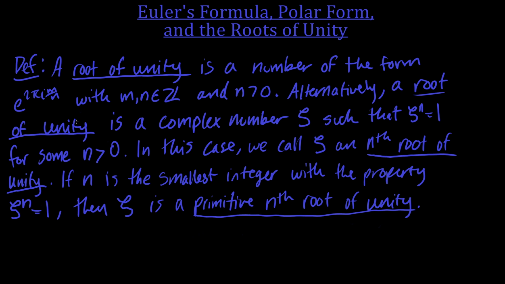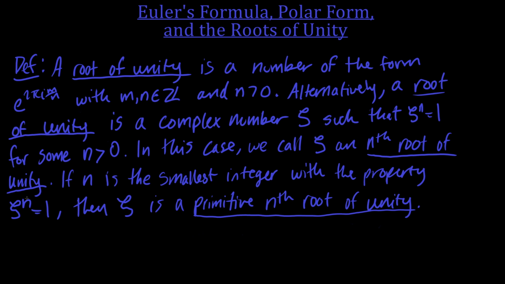Therefore, it is a third root of unity. So a root of unity is an nth root of unity if it can be raised to the nth power and it equals 1. Great. Now the last part is, if n is the smallest integer with the property that zeta to the nth power equals 1, then zeta is a primitive nth root of unity. Cool.